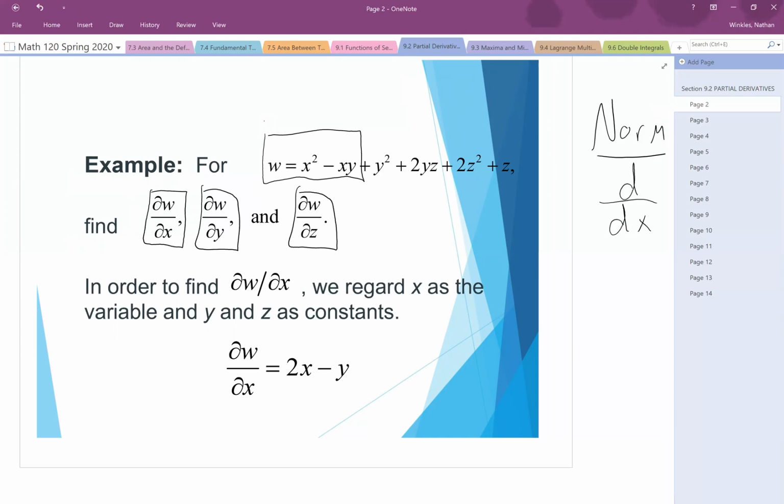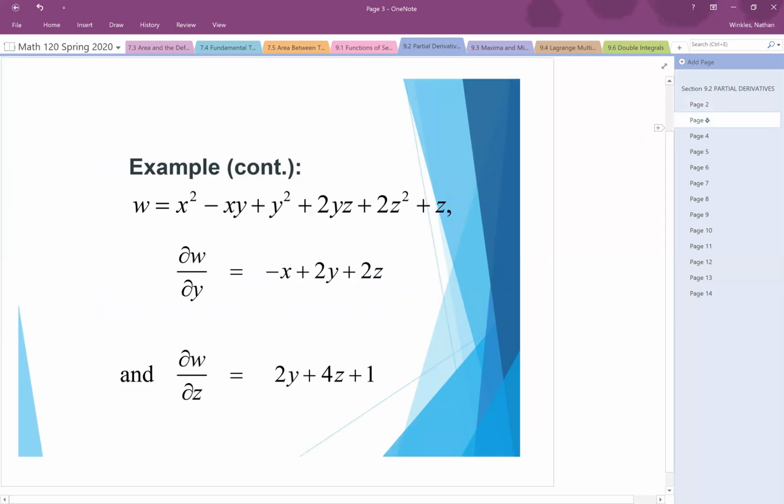So the partial of w with respect to x is dw dx. The derivative with respect to x of x squared gives us 2x. For minus xy, y is just like a number, so a number times x would just give us the number. So we have 2x minus y as our partial derivative with respect to x.